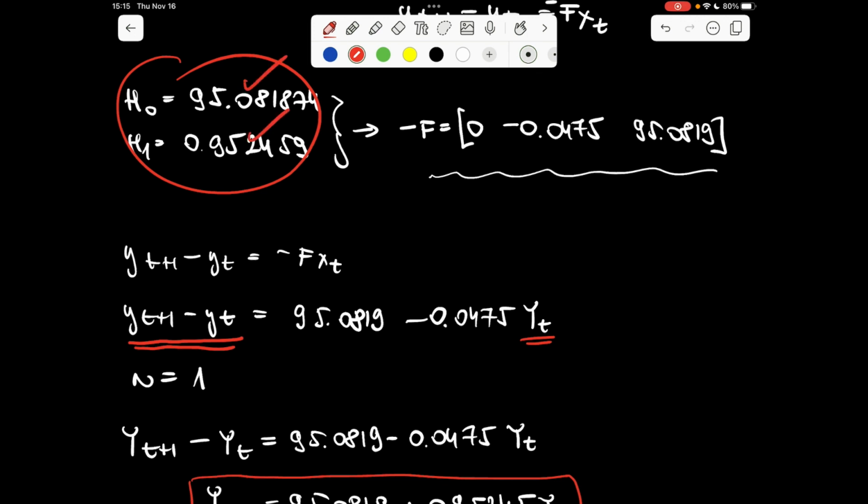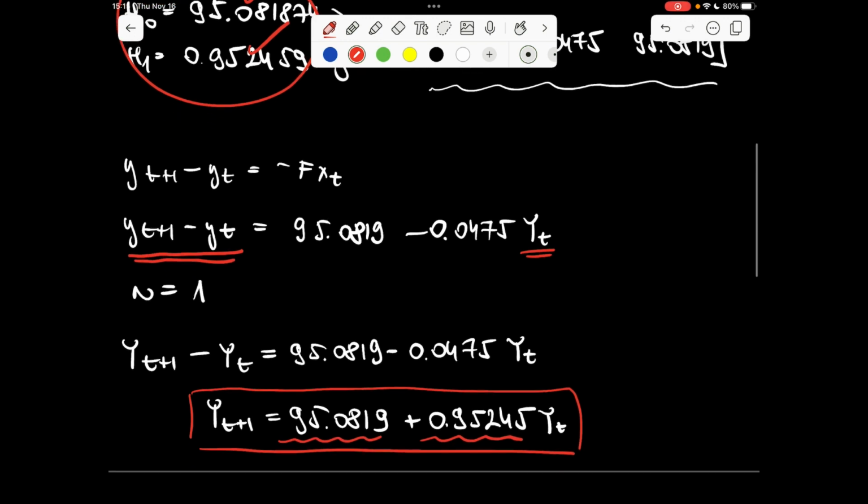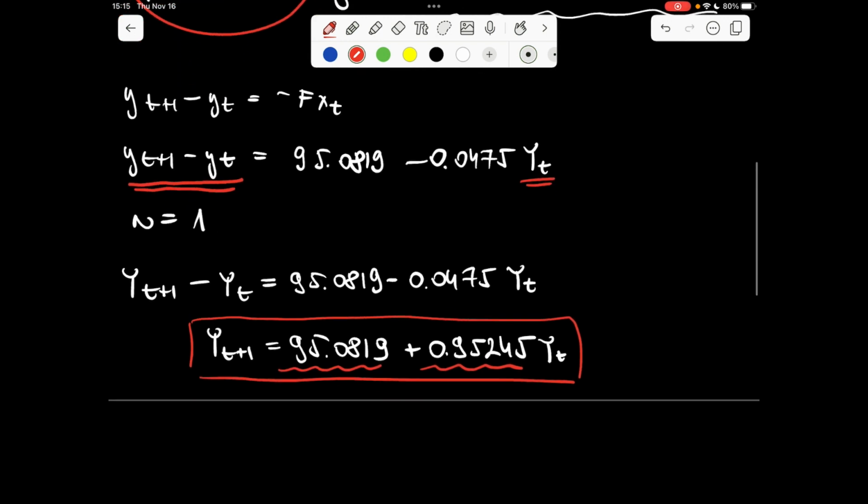So in rational expectations, the firm forms some expectations regarding H0 and H1.